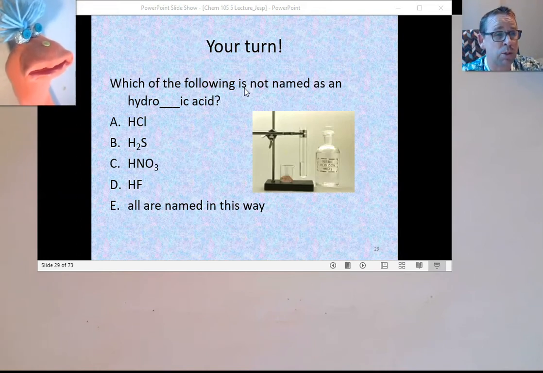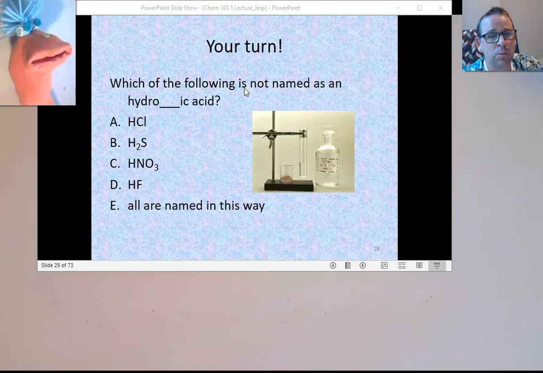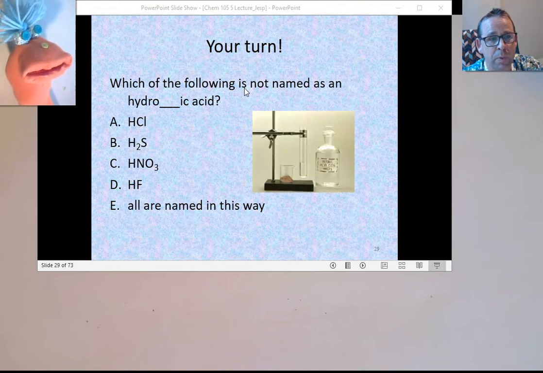Of this list, which ones are binary? A is binary and D, is B also? Yes, B is also, because it just has one other kind of element. Now, what about C? Is C a binary acid? No, it's an oxoacid. Very good, oxoacid. That means that C is not named the same way as the other ones, right?